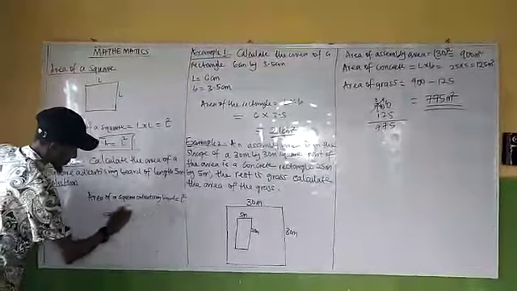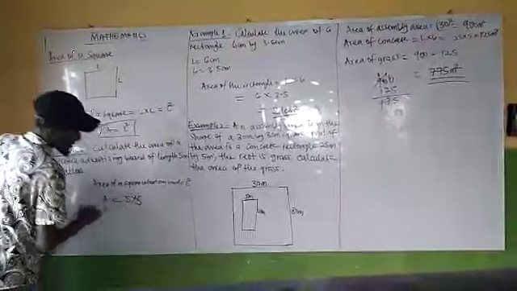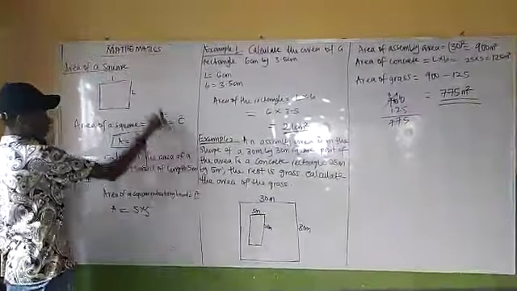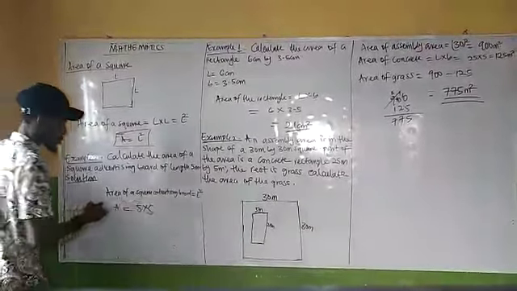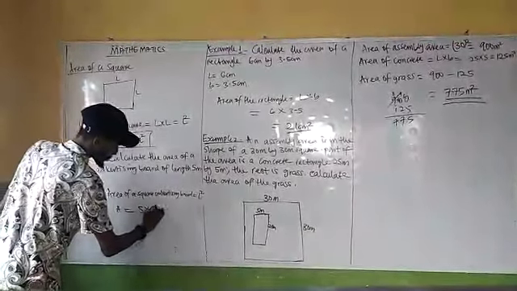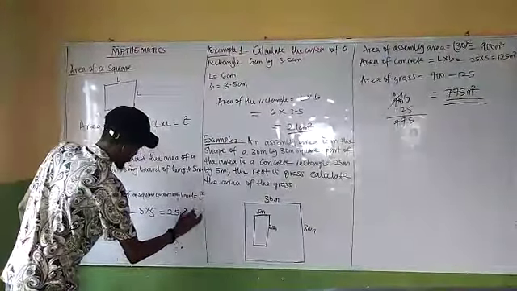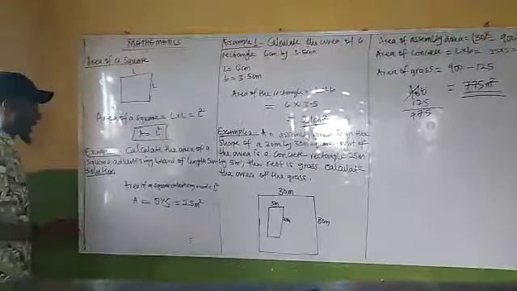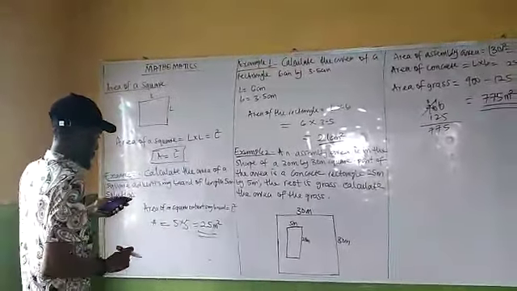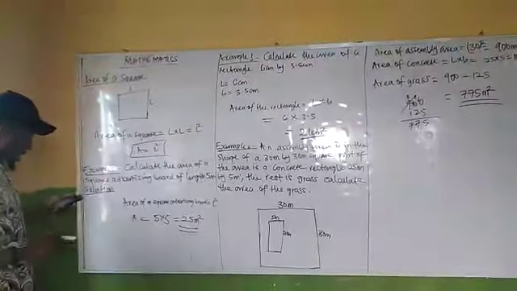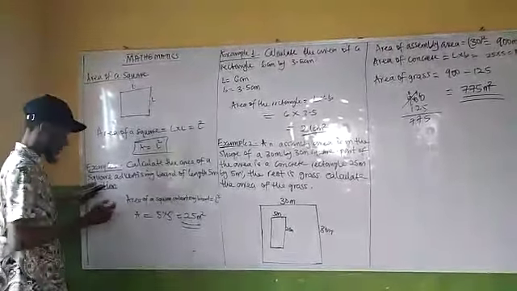This is the same as area equals 5 times 5. Remember the length is 5, and all lengths are equal in the case of a square. So the area is equal to 5 times 5, which gives you 25 meter square. So that is your answer: the area of the square advertising board is 25 meter square.